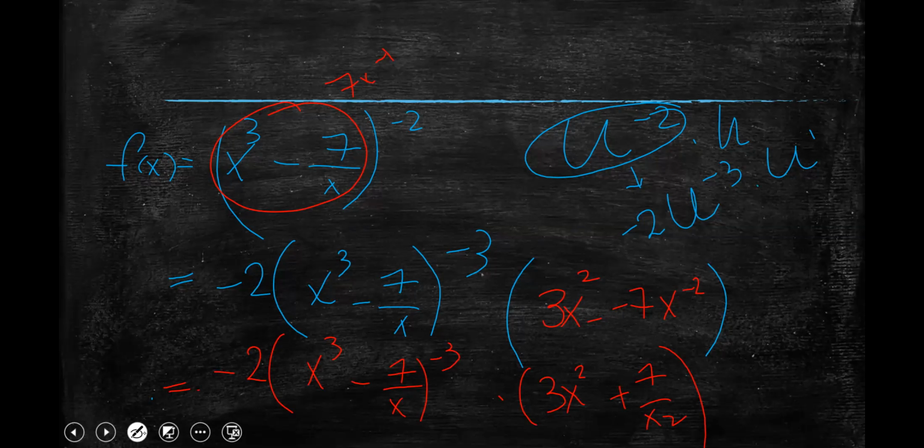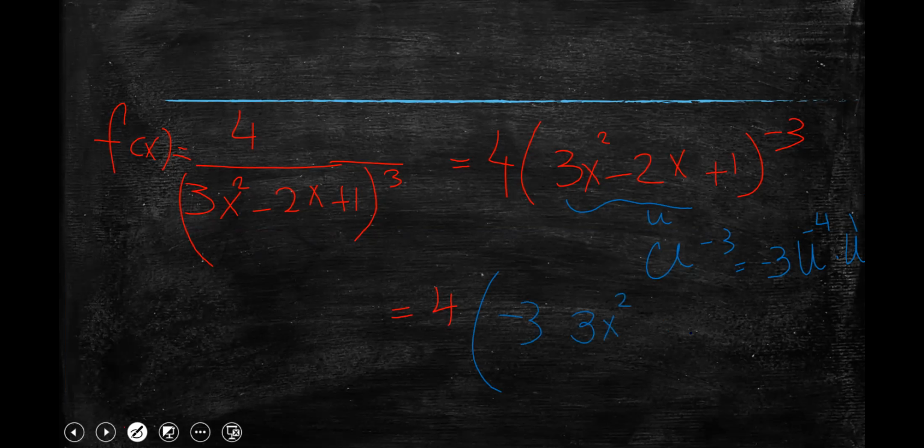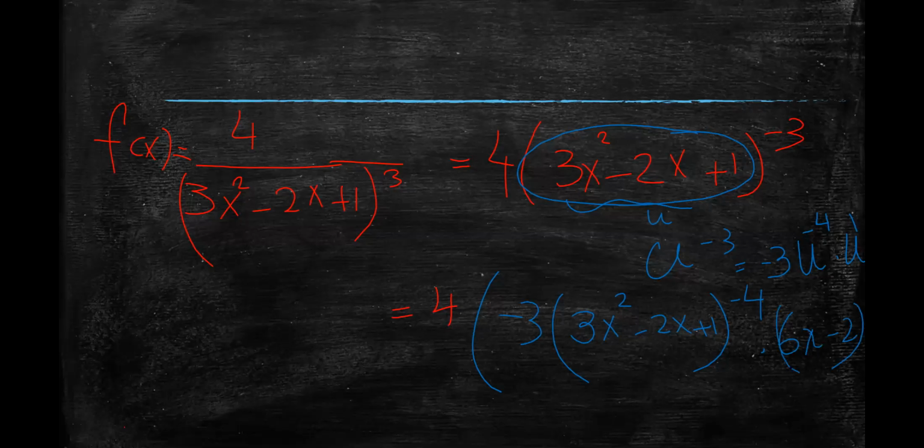The differentiation will be negative 3u raised to the power negative 4 times u prime. What is the derivative of u here? 6x minus 2. Yes. So the final answer here is negative 12 times (6x minus 2) over (3x squared minus 2x plus 1) to the power of 4.